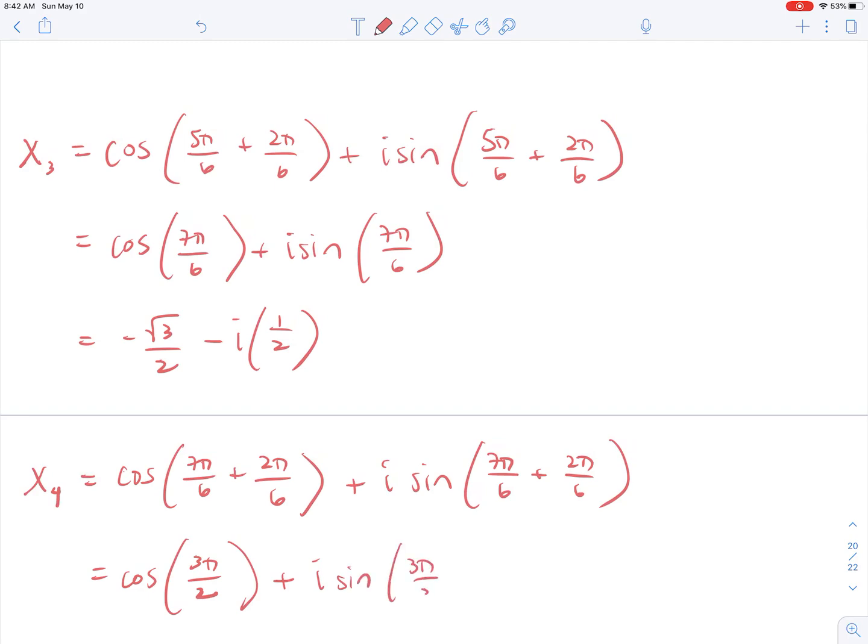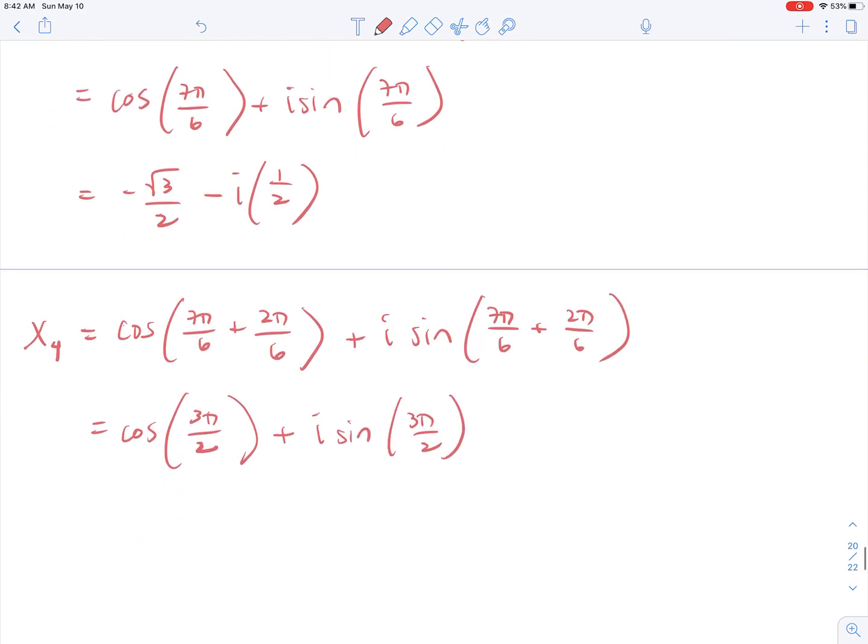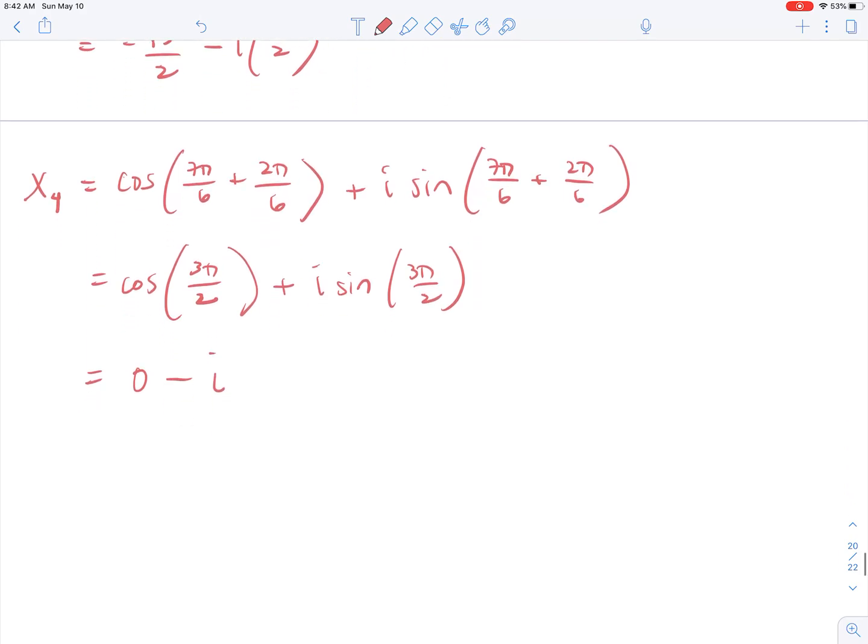So 9 pi over 6, which is actually 3 pi over 2. And then simplifying to rectangular form, cosine of 3 pi over 2 is 0. Sine of 3 pi over 2 is negative 1, so minus i.